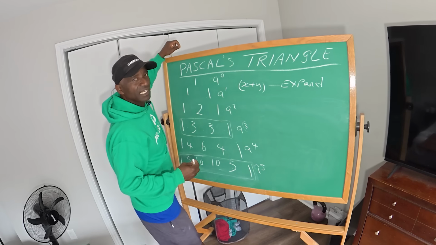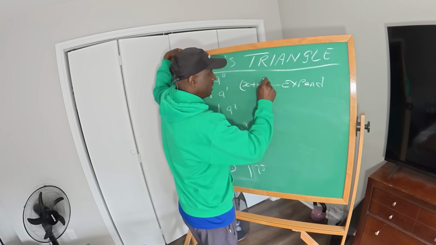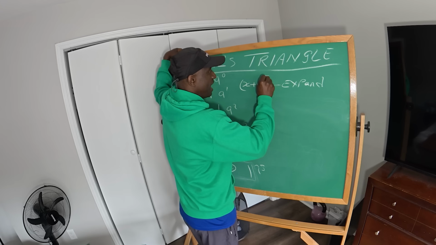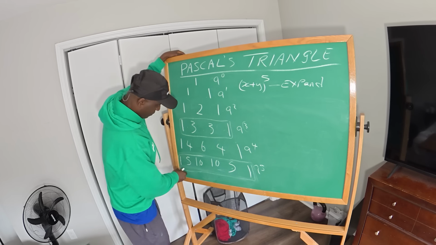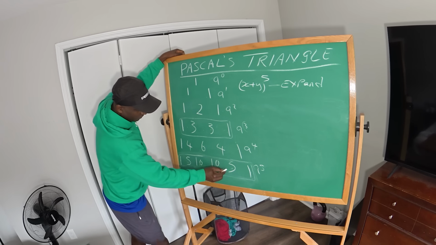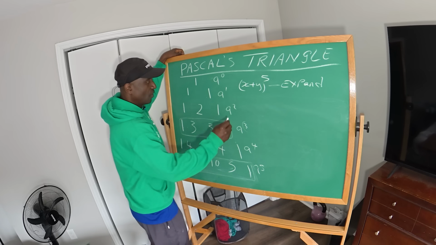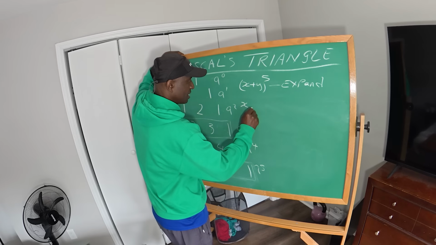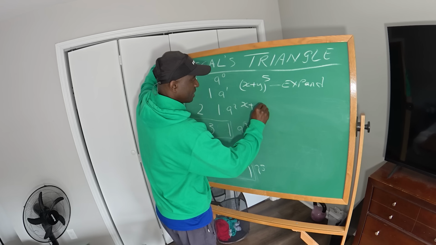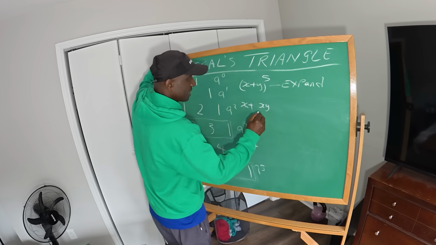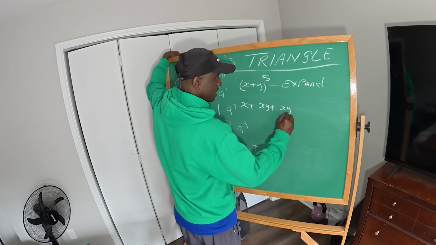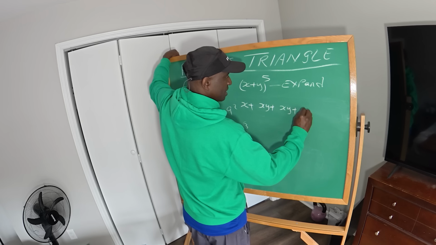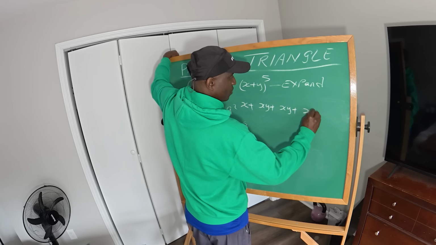So let's take another example of x plus y to the 5, and let's expand that. So we have 1, 2, 3, 4, 5, 6 terms. So I'm going to have x plus xy plus xy plus xy.